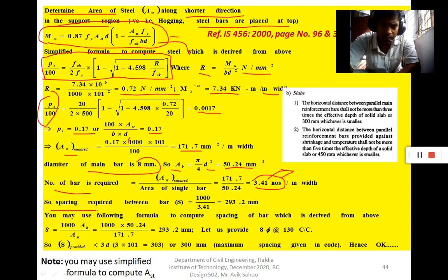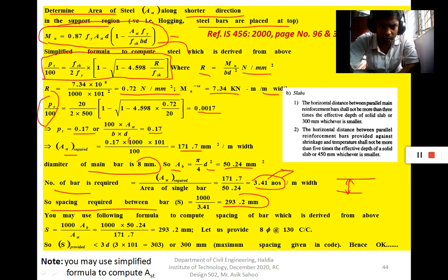So what is the spacing required between bars? In 1 meter, the number of bars is 3.41. So the spacing between the bars is 1 meter divided by 3.41, so we get 293.2 mm.